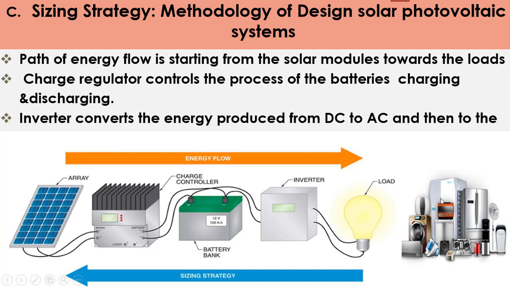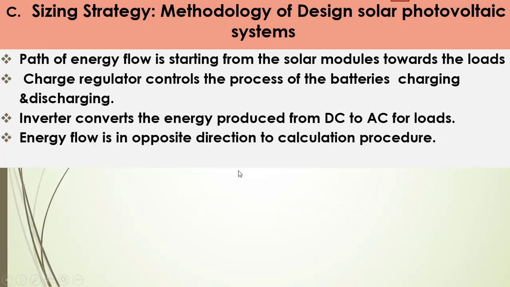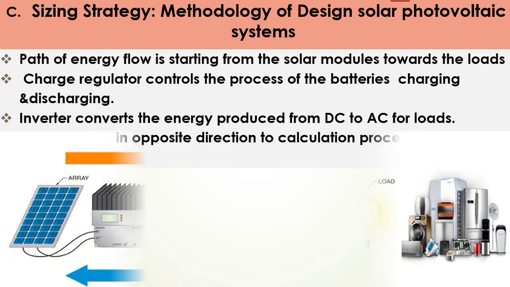After that we will take the summation of the total energy required for the load, in order to use the result of our calculation for the energy required for operation to calculate every component of the system. So we conclude that the calculation procedure is in the opposite direction of the energy flow.